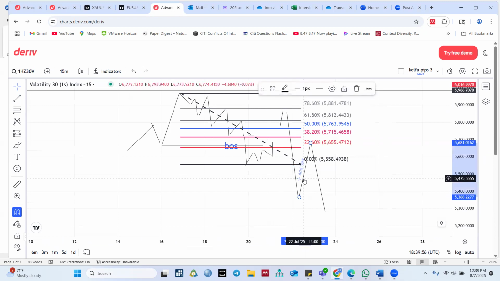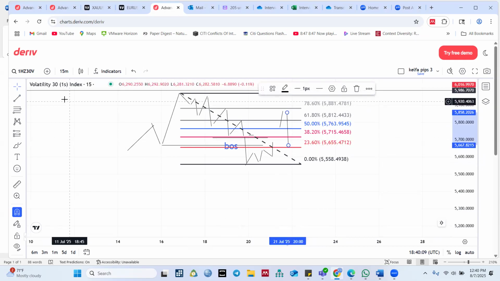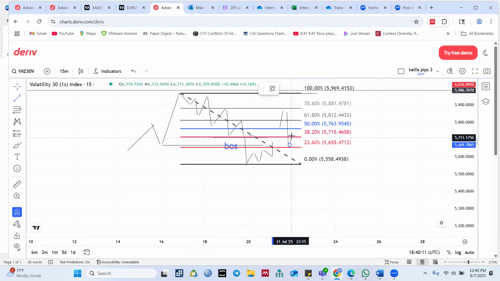But if you want to be aggressive, you can find your sells here. If it breaks structure, then we are good. If it doesn't and ends somewhere here, and you see price start moving up like this again, it means that we are still bullish.